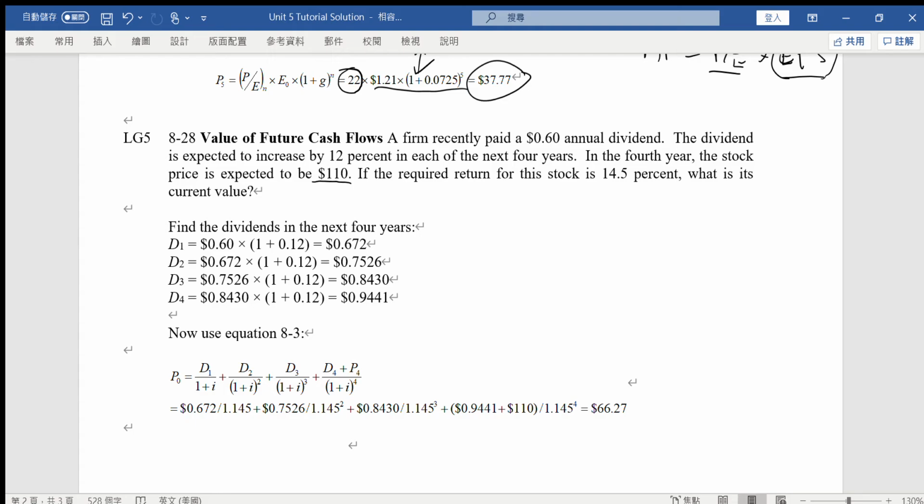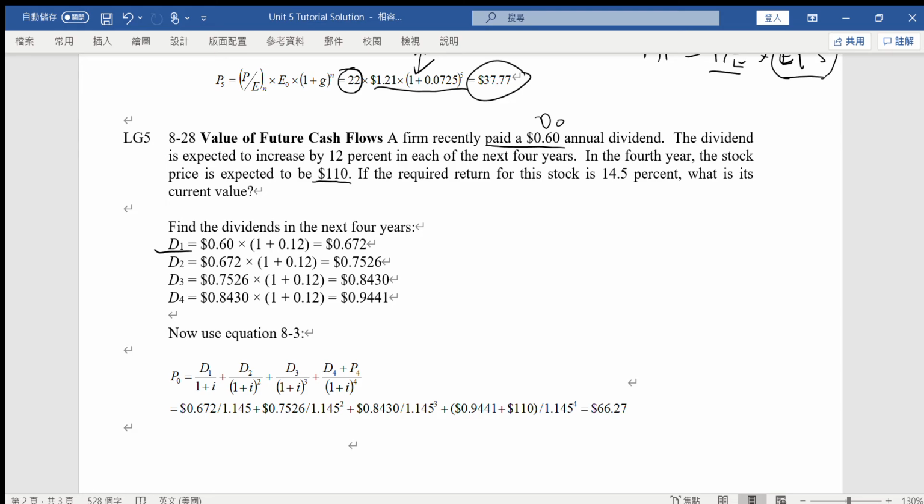valuation model. And for the first one, first of all we need to work out what will be the dividend in year 1. Because that is D0, just paid, that is D0. But we want to find out D1, and because of that we will be required to compound at 12%.